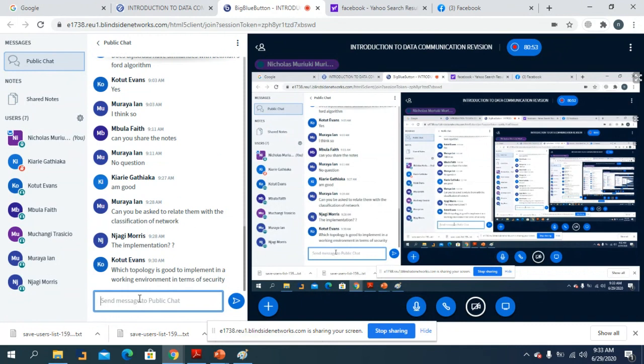So if the network in ICT fails, automatically the network in hospitality will not fail. It will still communicate. So for this case, Evans, the answer is the star topology.